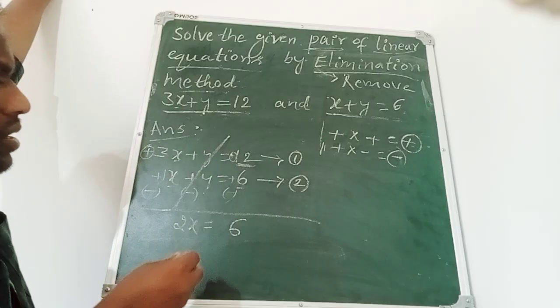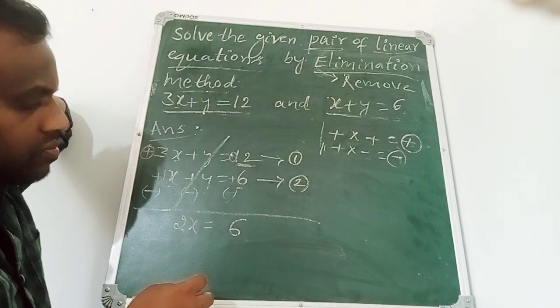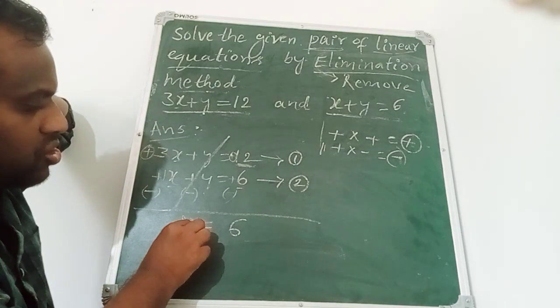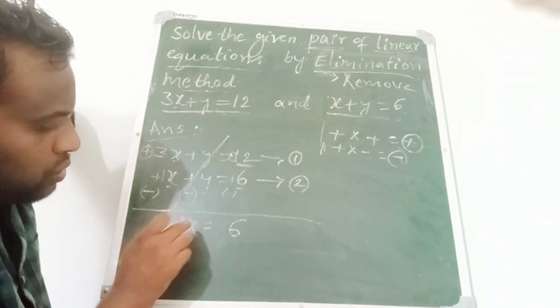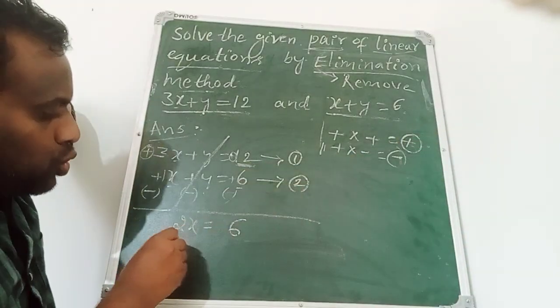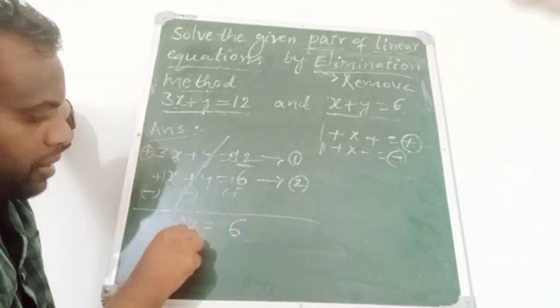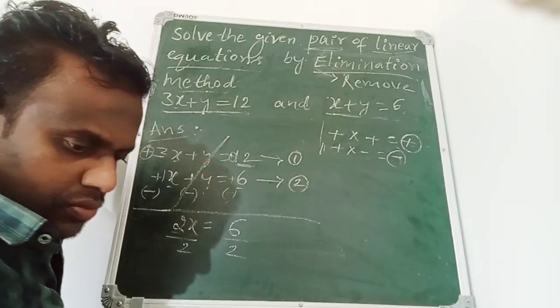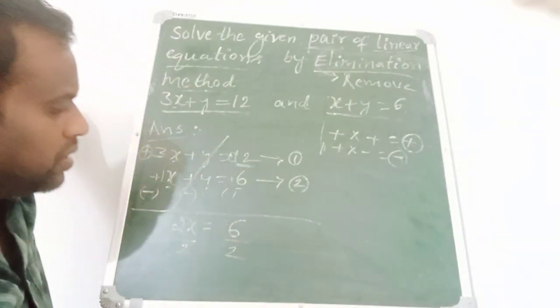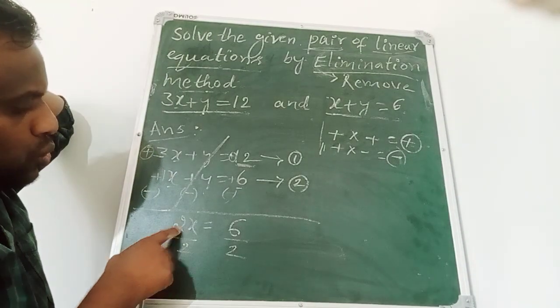Now see, we want the value of x, so we don't want this 2. So divide both sides by 2, divided by 2, divided by 2. Next see, 2 cancels.